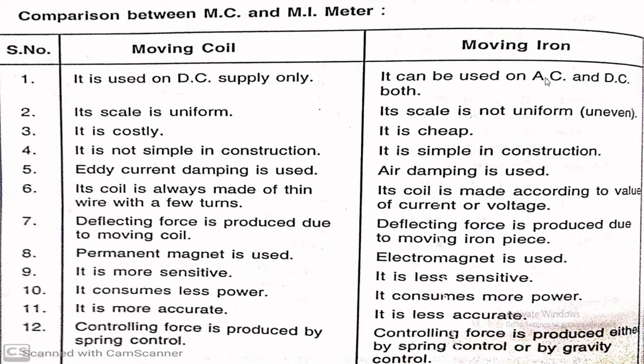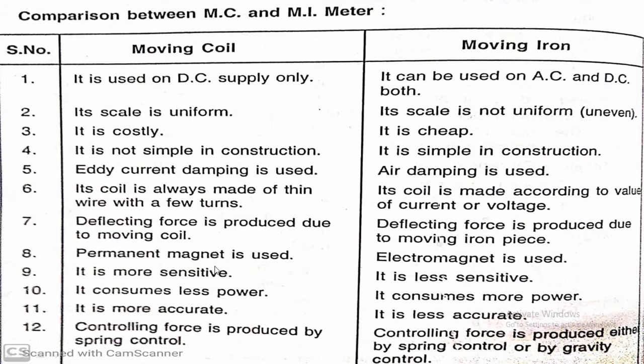Here you can take current and voltage into consideration to make the coil. The deflection force is produced due to the moving coil. The deflection force is produced due to the moving iron piece. In moving coil we use a permanent magnet, whereas in moving iron an electromagnet is used.